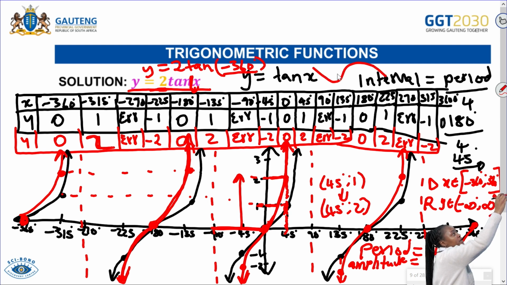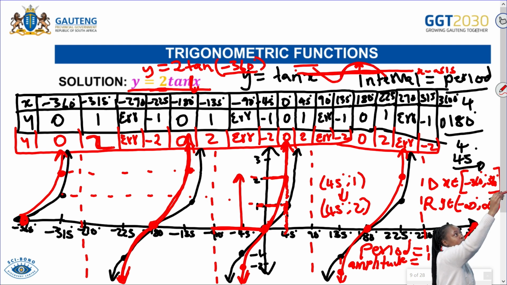Let's say this is your x-axis. When you are looking at your resting point, you are looking at your x-axis, ne? So you are looking at the distance between your resting point and the end point, where it tends.